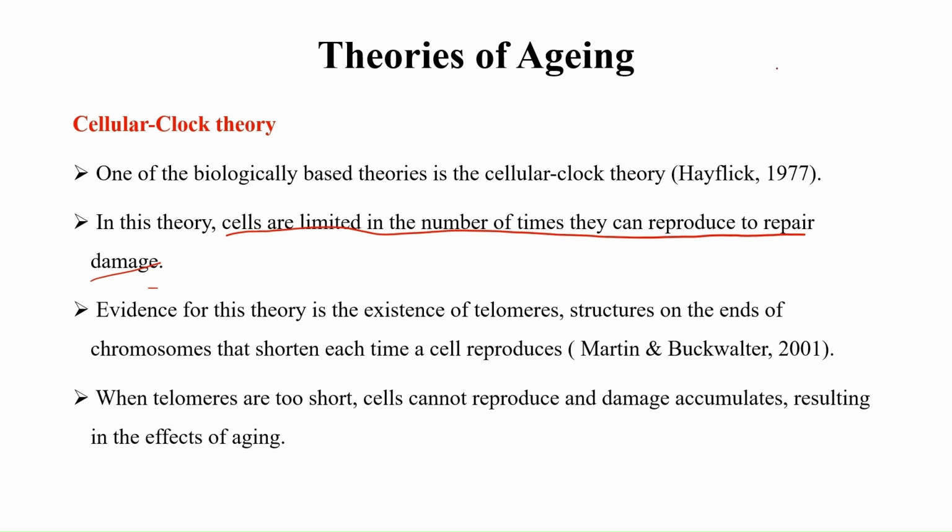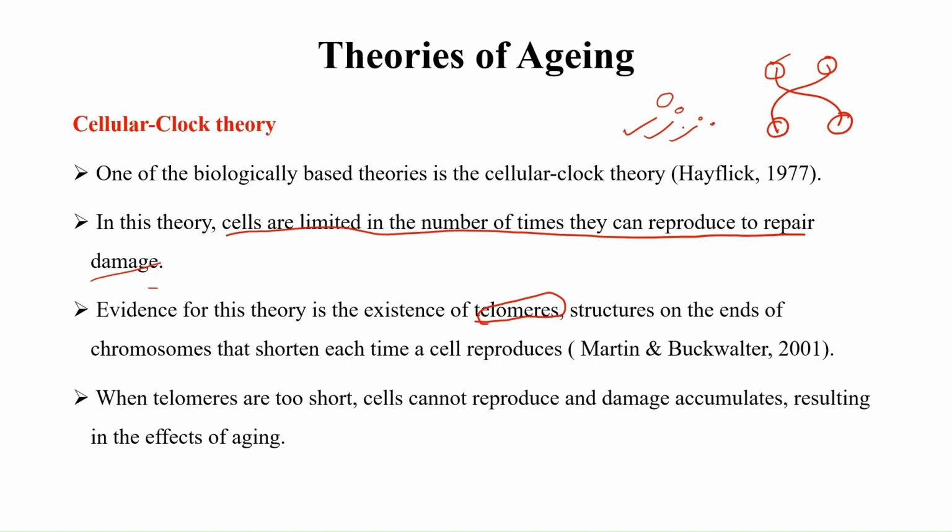So let's imagine this is a chromosome, and at the end of each chromosome there is something called telomeres. They are saying that these telomeres have a certain lifespan which becomes shortened after each reproduction of the cell. Once the particular cell is reproduced again and again, the size of the telomeres gets reduced, and at a certain point, it stops reproducing.